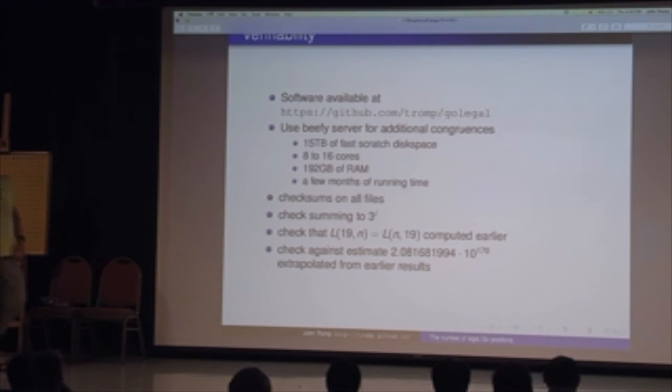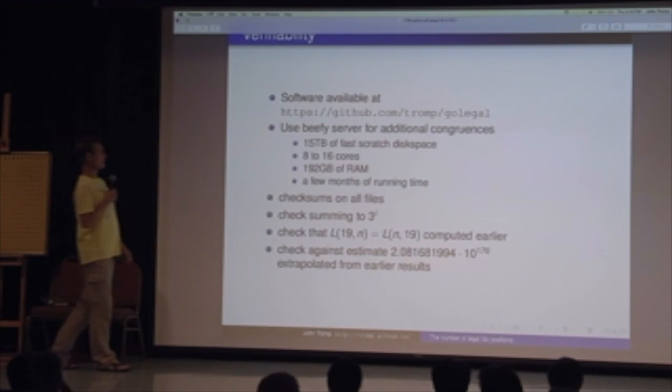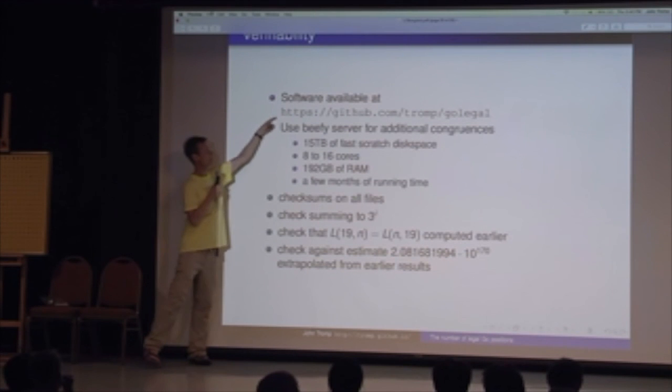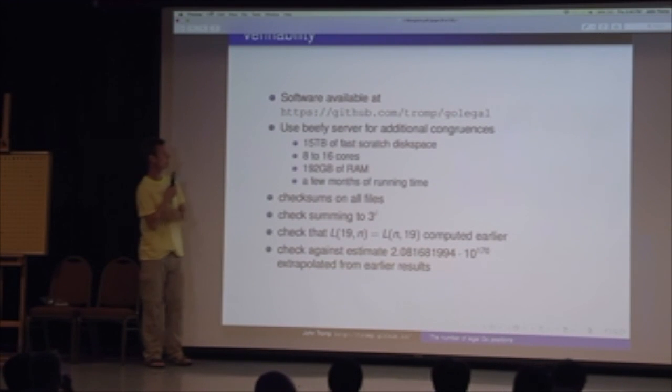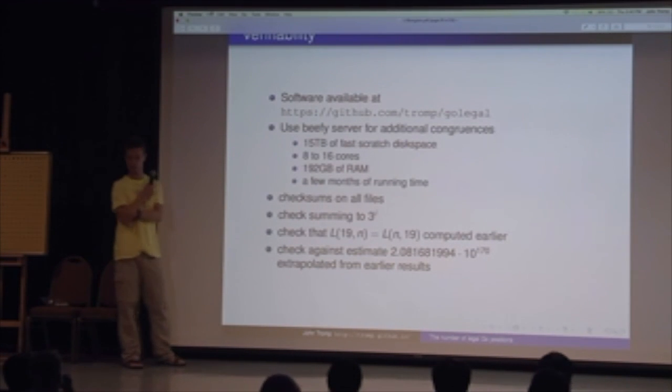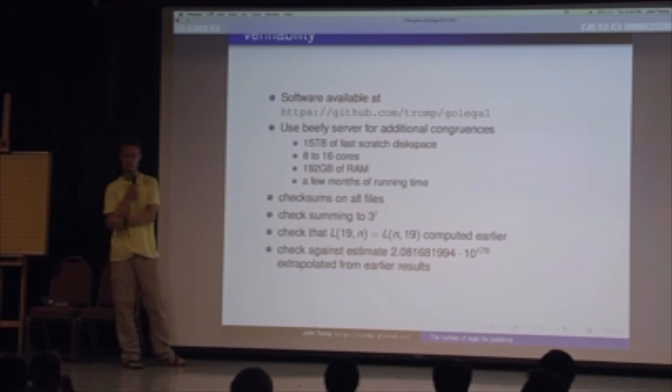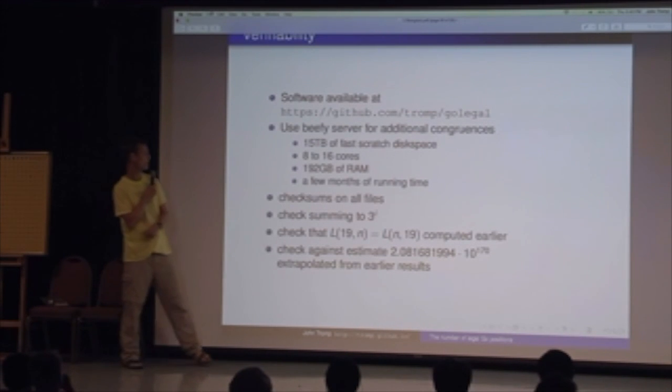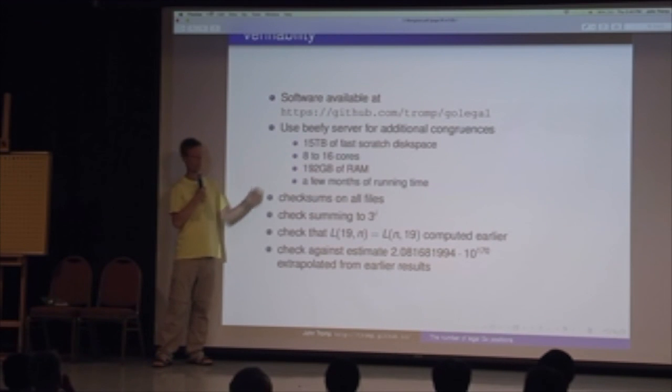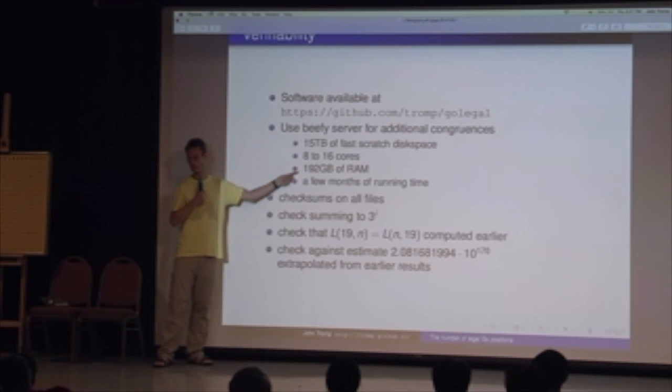If you want to repeat one of these computations yourself, you can get the software from my Git repository over there. You will need some serious hardware. I suggest you have about 15 terabytes worth of fast disk space, about 8 to 16 cores, CPUs, a healthy amount of RAM.